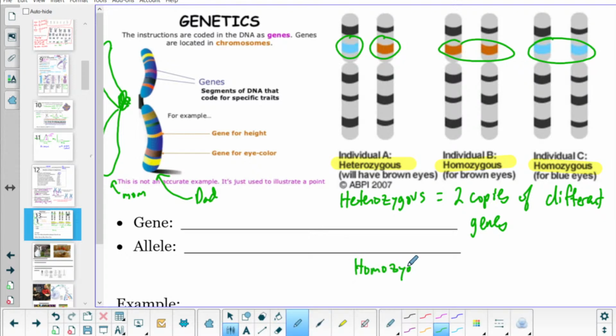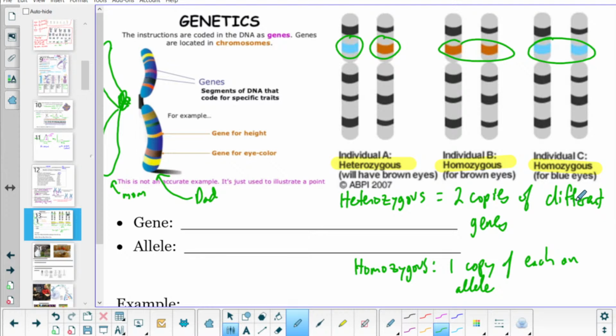Homozygous, one copy of an allele. I think I worded that badly.